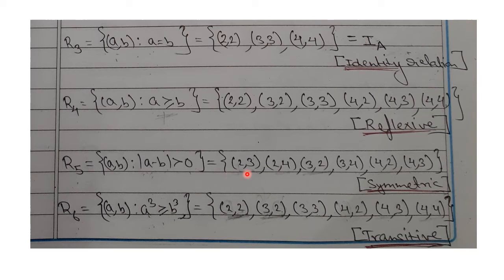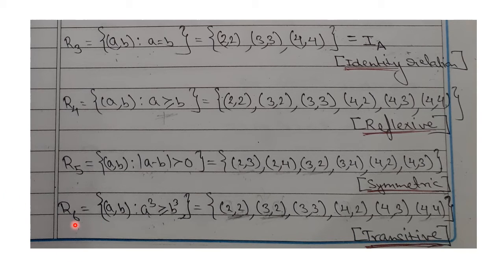So you take any ordered pair and interchange its first and second component, whatever ordered pair you get, you can see in R5. Like here 2 comma 4, interchange the first and second, so I get 4 comma 2, and 4 comma 2 is here. 4 comma 3, interchange them, and you see that 3 comma 4 is there. This is happening for each ordered pair in this relation. So this relation is symmetric.